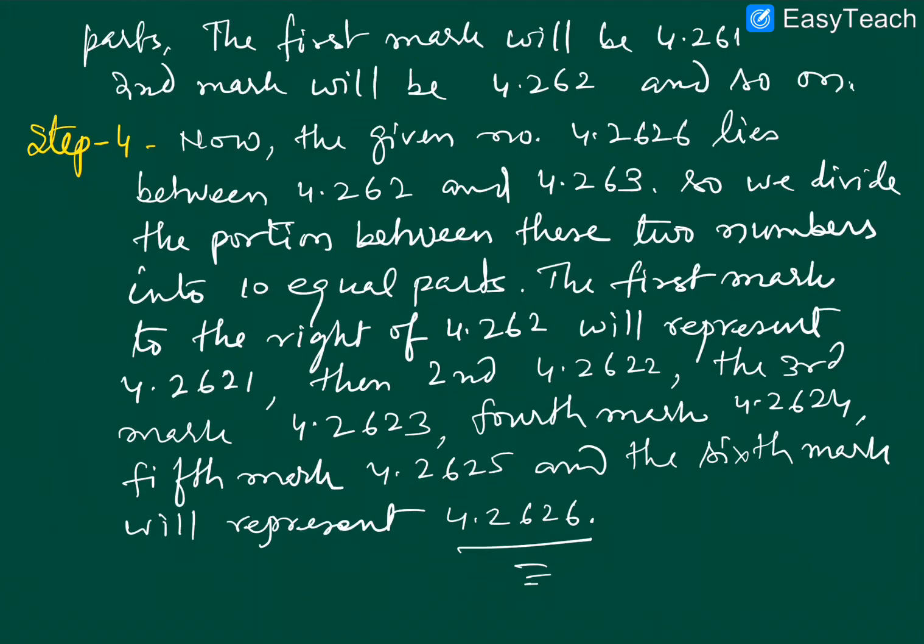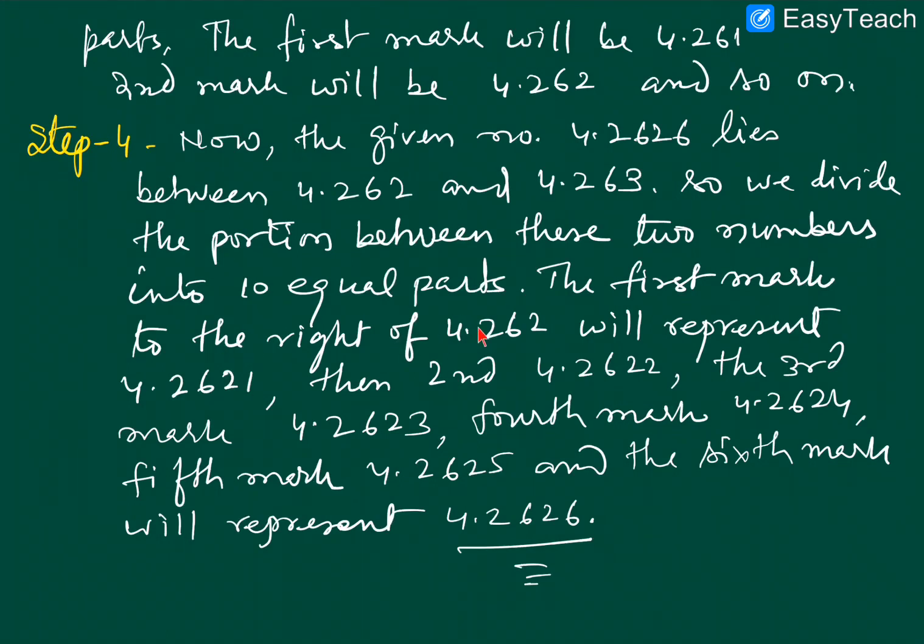Now adding one more digit in the decimal part. The given number 4.2626 lies between 4.262 and 4.263. So we divide the portion between these two numbers into 10 equal parts.